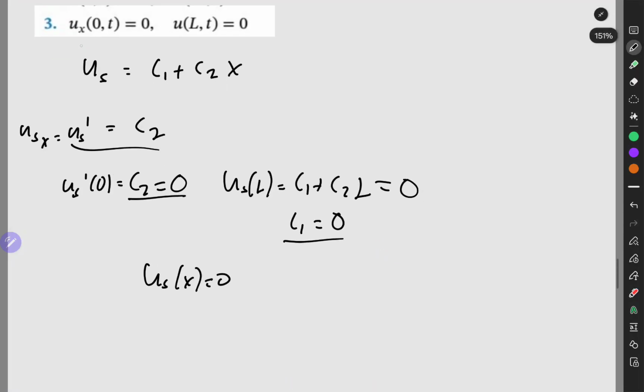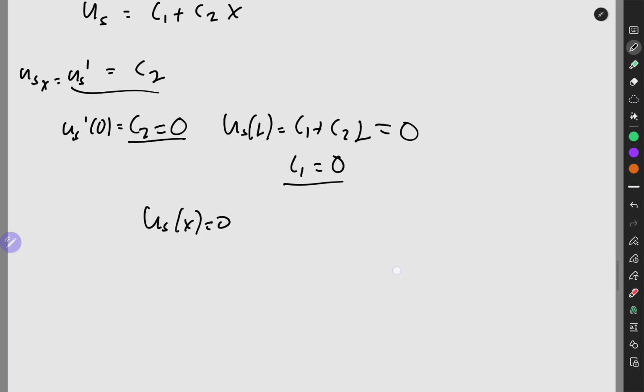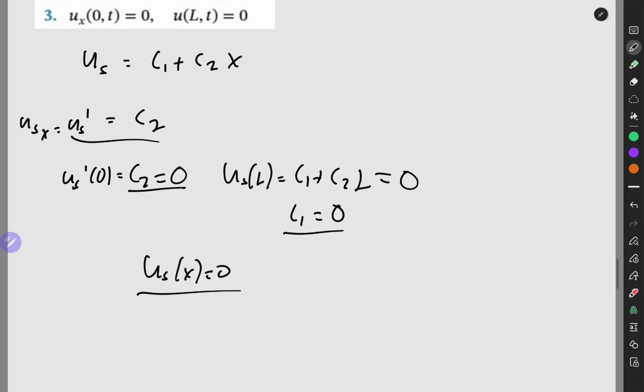Even if this is at like 50 degrees, you're going to have that very instance of that end that's at 50, and the rest of the rod is going to be at 0 throughout over time. That's how this works. It's an insulated end. It's like separate from the rod, basically. You can think of it that way. It's separate from the rest of the rod. So it's interesting, right?